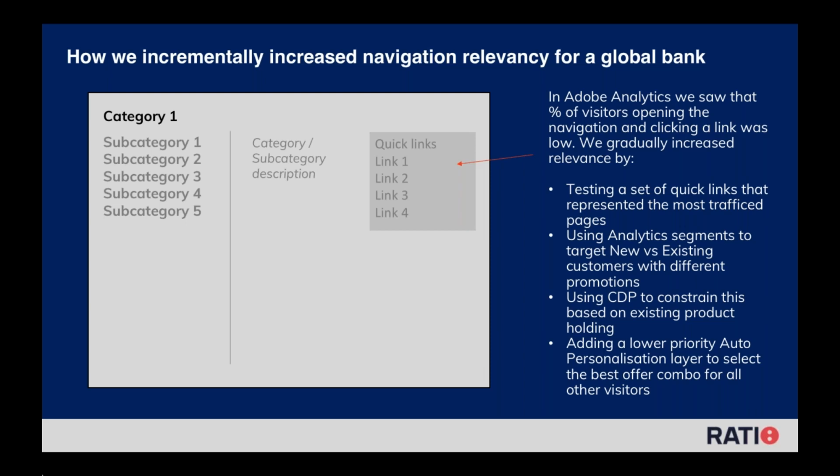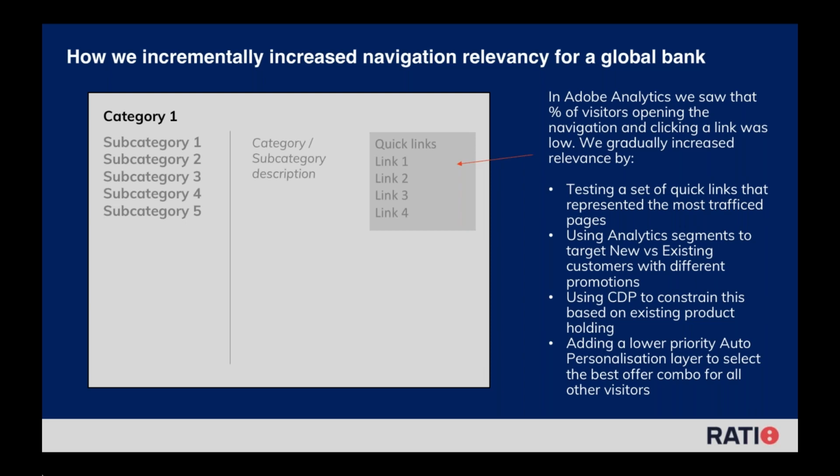So what we did first was to use the standard A/B testing features in Adobe Target in order to evaluate whether there was a better set of quick links that could be presented to users, as depicted on the right-hand side of that wireframe, so to speak. And we did this by looking at what the most trafficked pages on the website or in that particular product category were, relative to which pages were actually presented in the quick links.